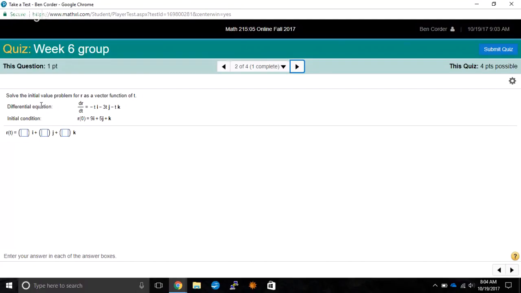Are we supposed to take the integral of the differential equation or no? Probably. Or could you, though? Because it's a vector. Yeah, you just separate it. Do it one at a time, couldn't you? Maybe not, because you don't have an interval to do it over.